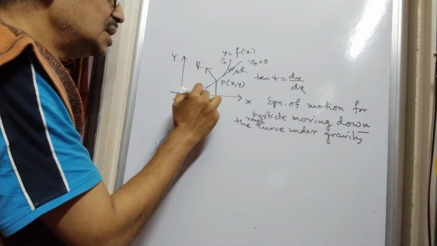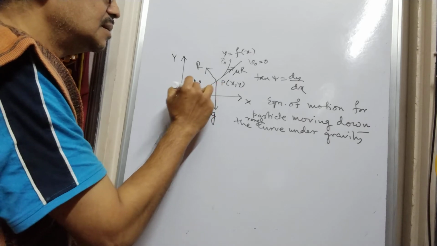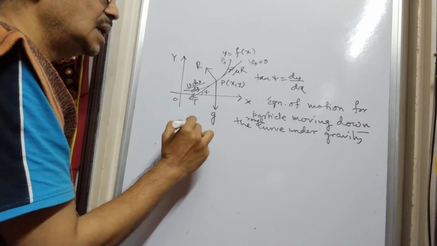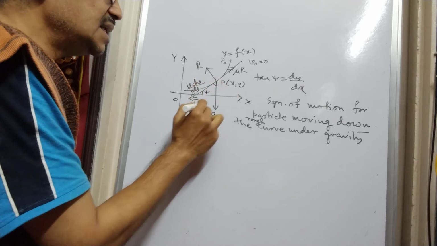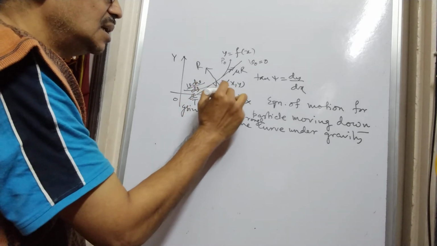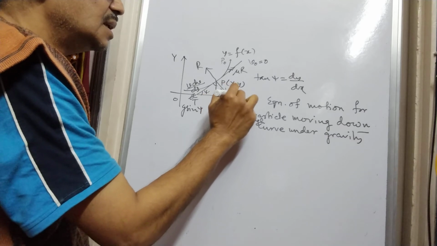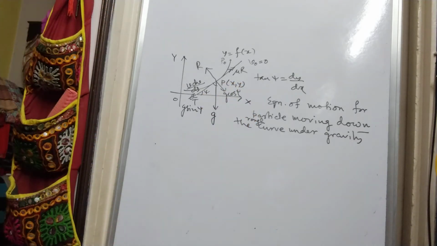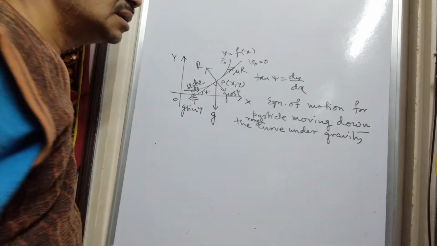v dv/ds is acting downwards, and since this is psi and this is 90 minus psi, g sin psi and g cos psi will be the components along the tangent and along the normal.